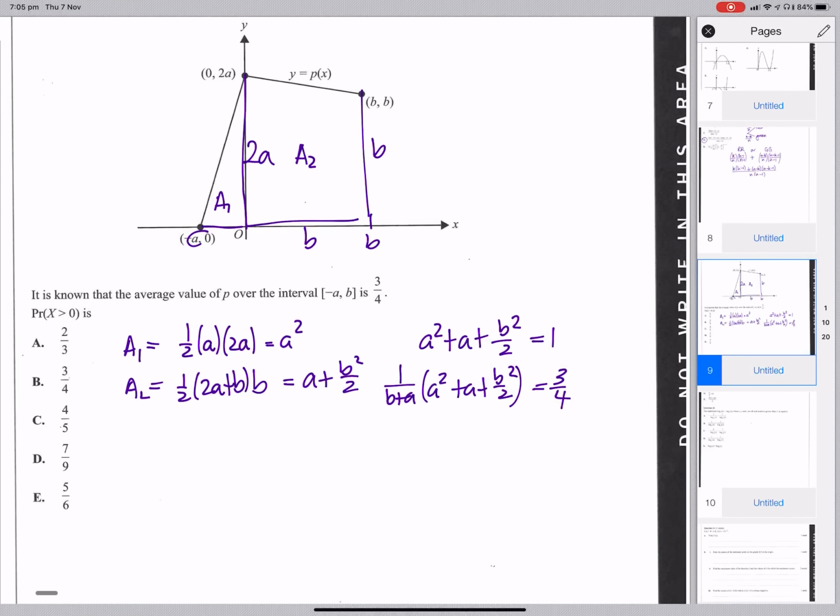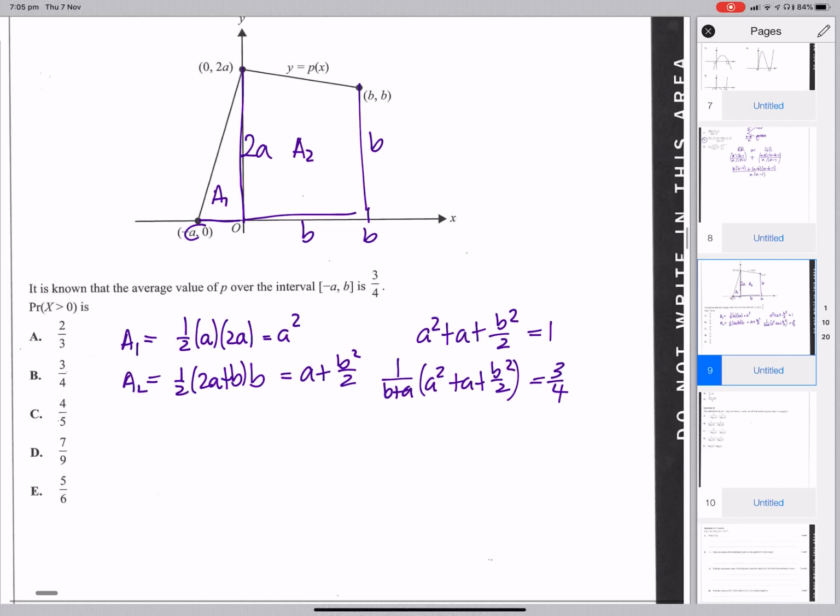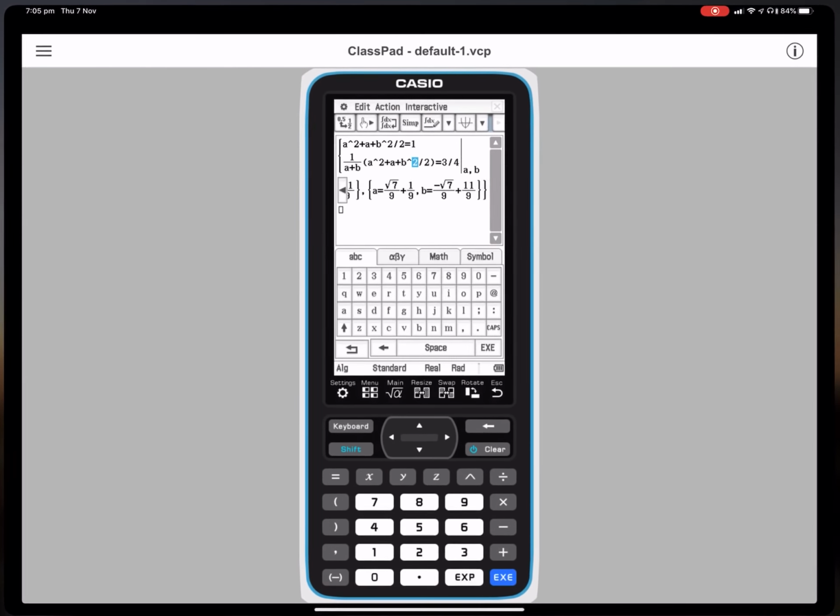And then 1 over B minus A, so B plus 1, is equal to 3/4. That all looks right.